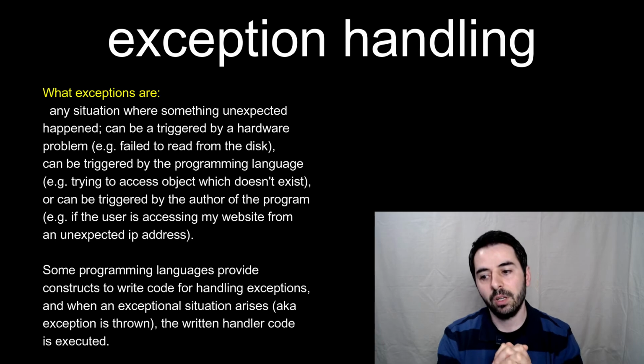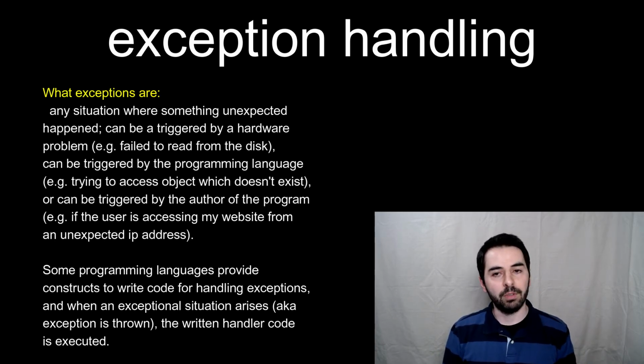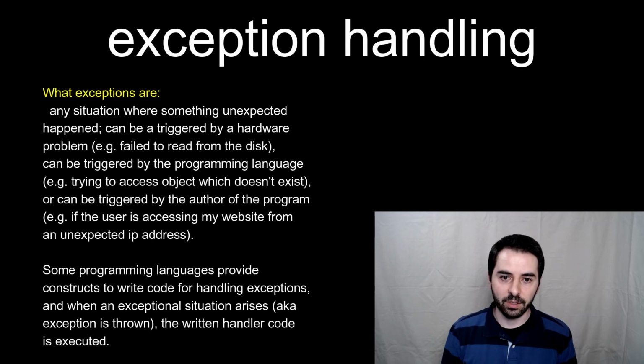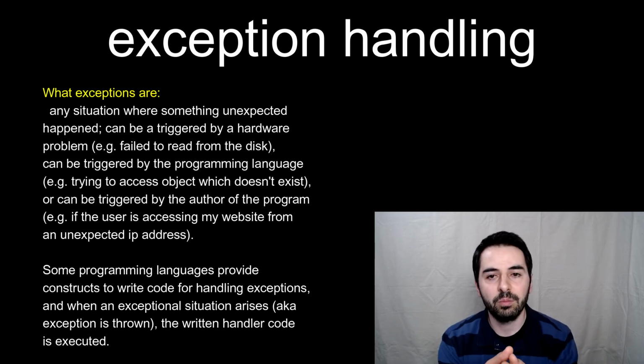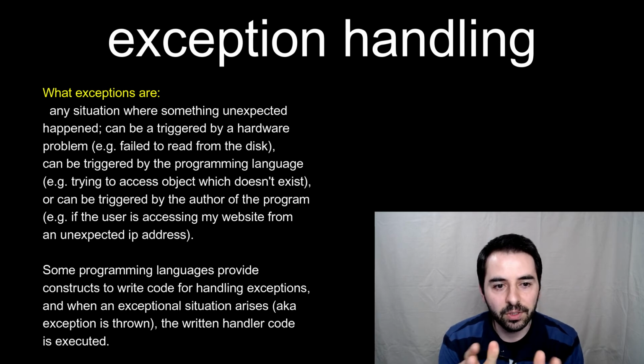So this is one group of these advanced categories. Another one is exception handling, which most object-oriented languages provide, and this is a similar thing, but it's not a predefined set of signals from the system; you can define your own types of exceptions. An exception is basically when something unexpected happens, an edge case or something that shouldn't happen.